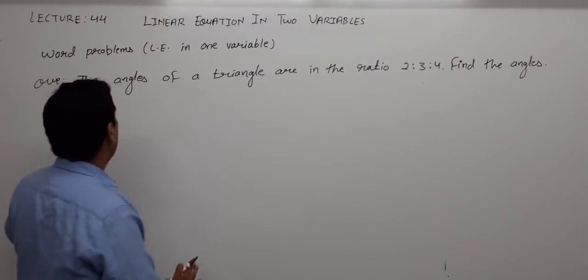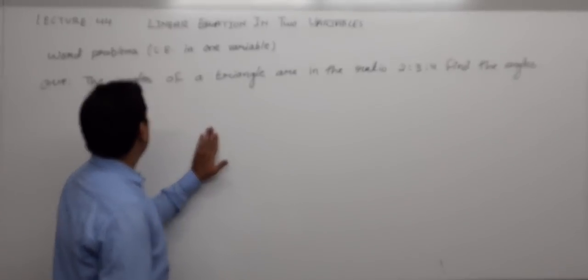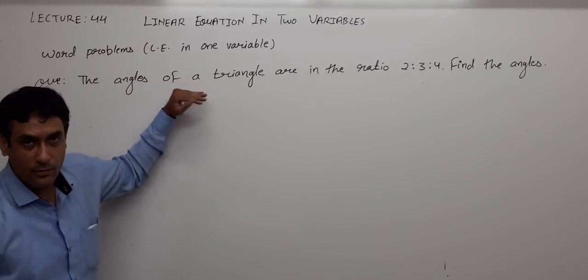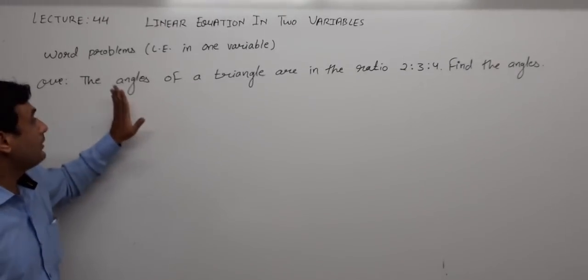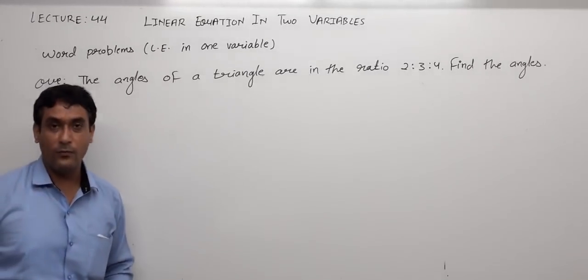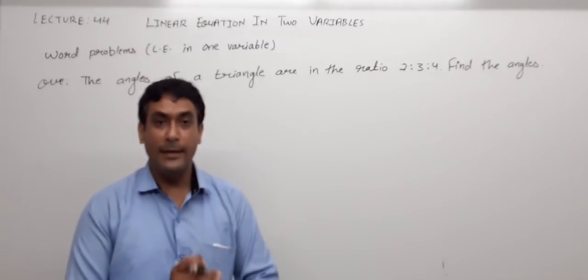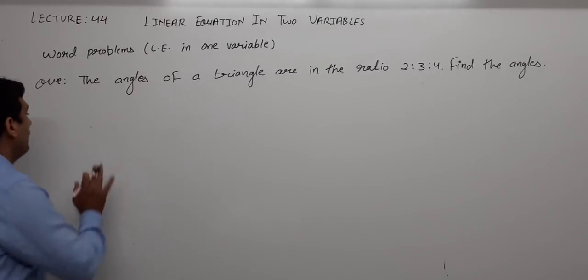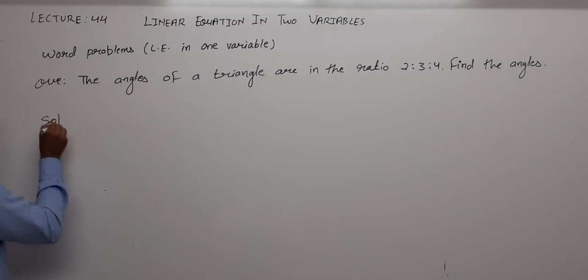Now, first of all, the basic thing that you must know to get the solution of this question is, what is the sum of the angles of the triangle? What is the sum of all three interior angles of a triangle? Okay, this is the one thing that you know.